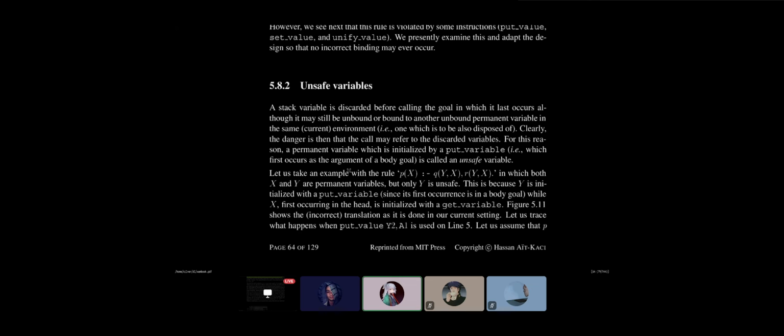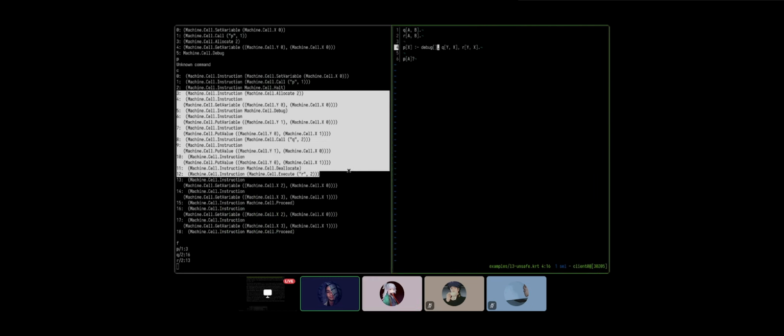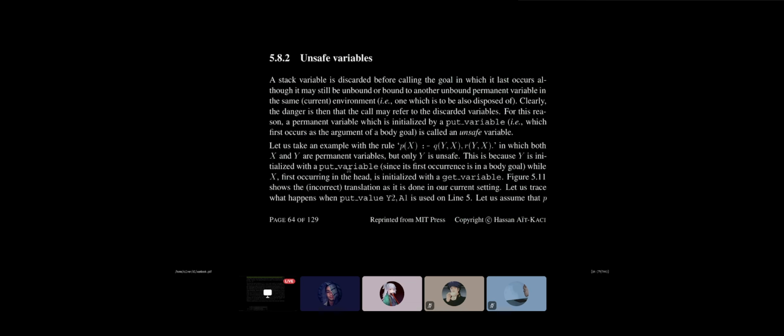For this reason, a permanent variable which is initialized by a put variable is called an unsafe variable, which first occurs as the argument of a body goal, which is the case here. Ah, right? Actually, I got it. Okay, so put unsafe value is something new that we're gonna wait. How are we gonna implement that? Anyway, continue reading.